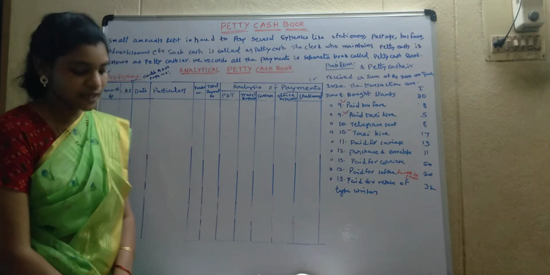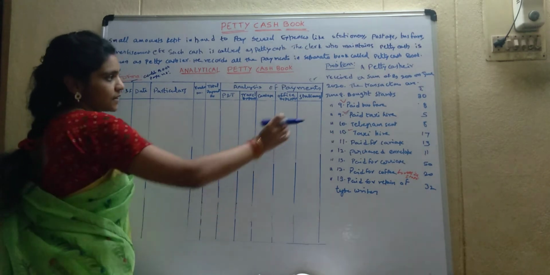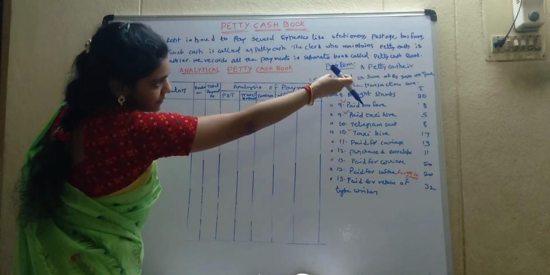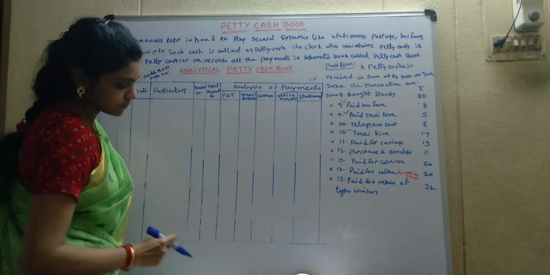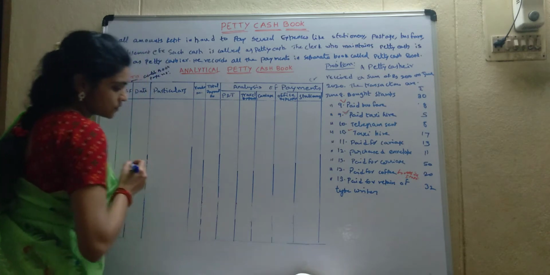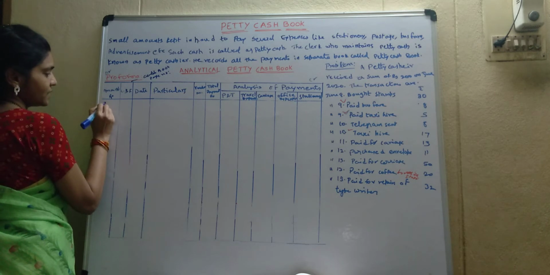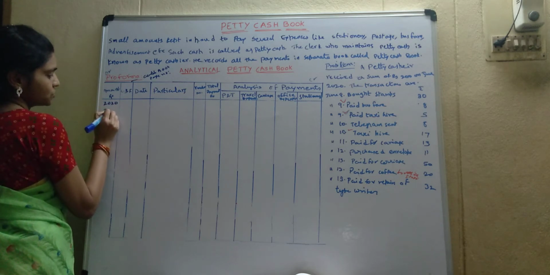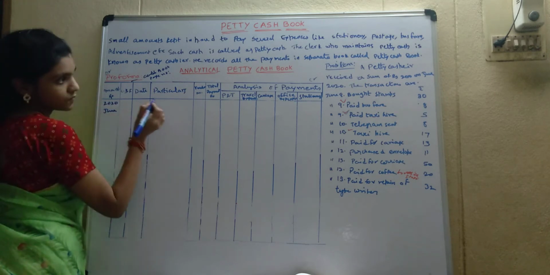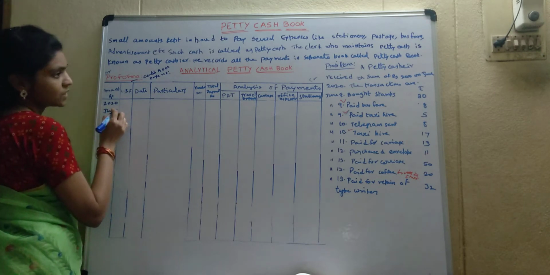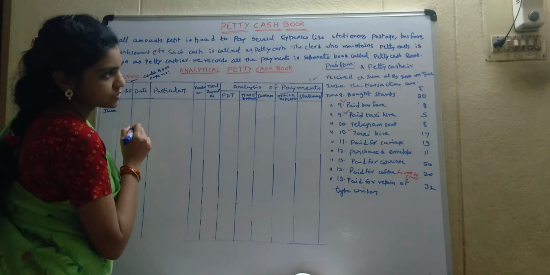Shall we start? As we got 200, received a sum of rupees 200, we have to show it in to balance brought down. Put the date, 2020 June 7.